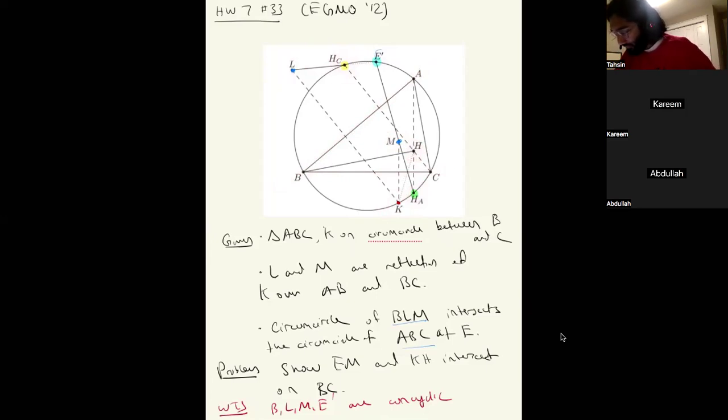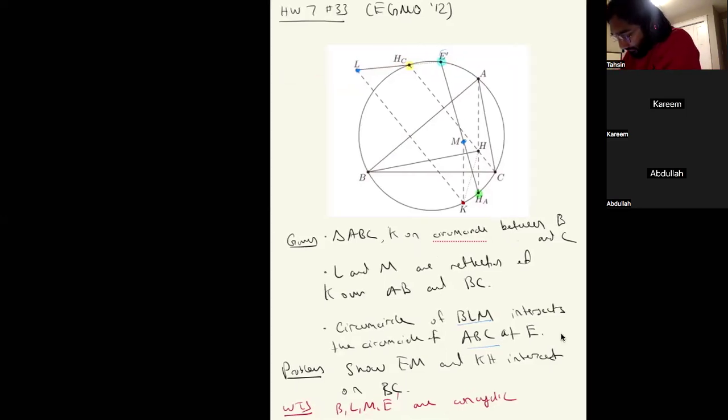So the rest of the solution goes basically in two steps. The first step is to show that these three points that look collinear actually are collinear. And then we use that fact to prove that B, L, M, and E prime are concyclic. Okay, so let's do this.